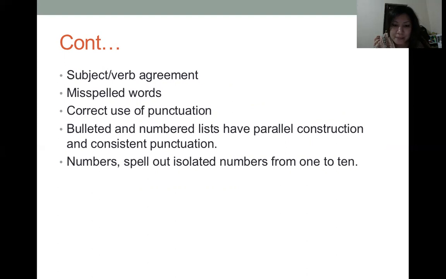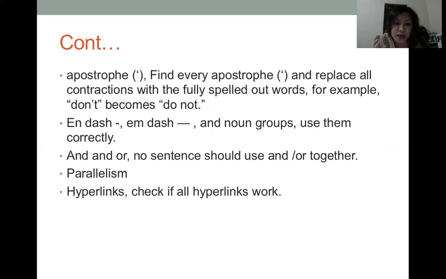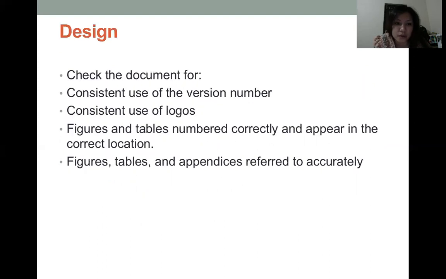Bullet points or numbered lists should have parallel constructions and consistent punctuation. The numbers and spelling out isolated numbers from 1 to 10 can also be mentioned. Other important grammar aspects include the apostrophe, dash, conjunctions, parallelism, and hyperlinks. Check if all the hyperlinks are working.